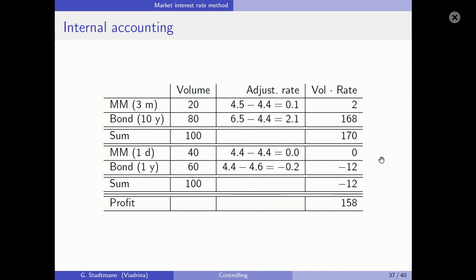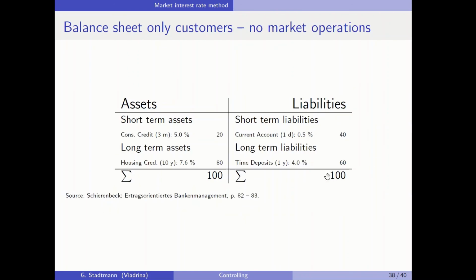Let's have a look at another bank. This bank is different. This is a bank which is only doing business with customers, and this bank has no market operations. So this bank is not operating at the money market. It's not operating at the bond market.